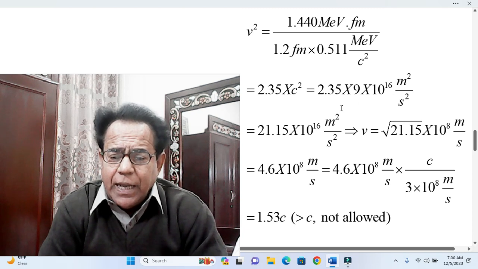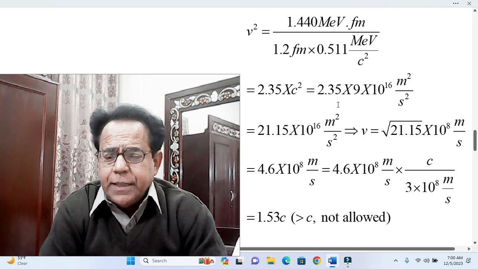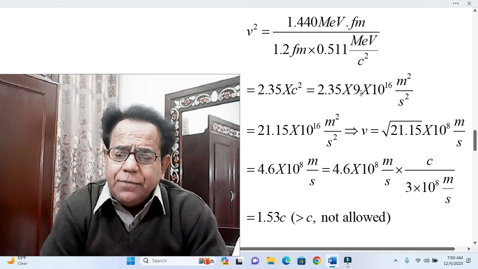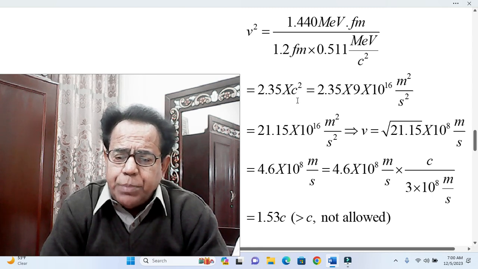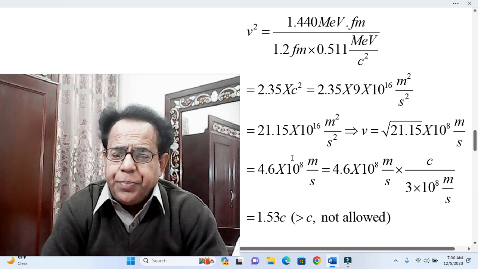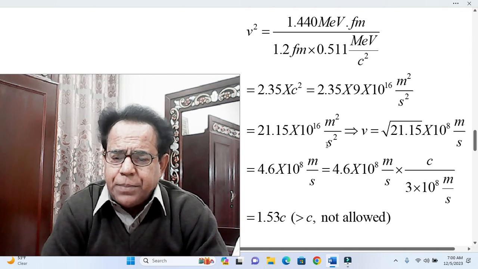In the table, the value of c has been given as 2.998 into 10 raised to the power 8 meter per second. Here, because c is squared, 3 square will become 9 and 10 raised to the power 8 square will become 10 raised to the power 16 meter square per second square. Dear students, this will alternatively become 21.15 into 10 raised to the power 16 meter square per second square.